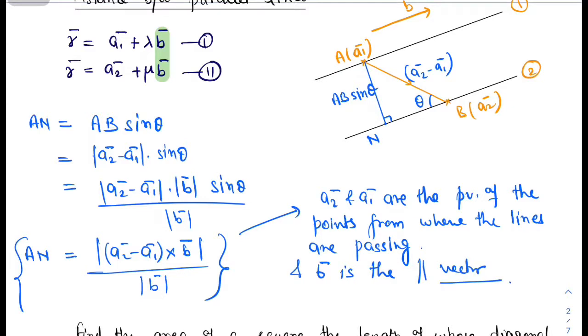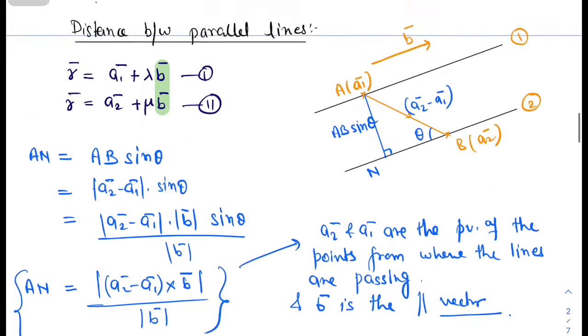Which parallel vector? The vector to which both the lines are parallel.